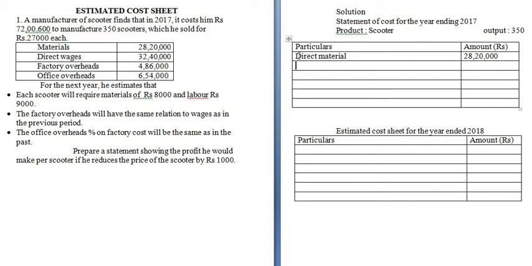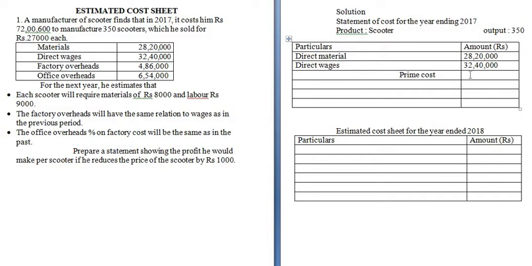Next, direct wages they have given, so write direct wages and the amount is 32 lakhs 40,000. Now in the problem they haven't given direct expenses, so the total of these two is called prime cost.